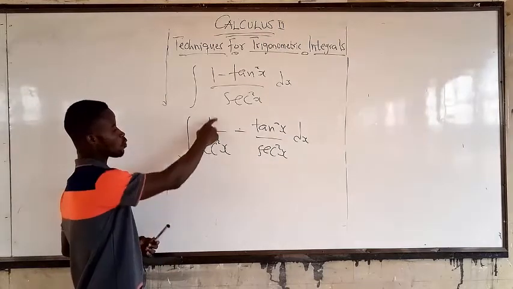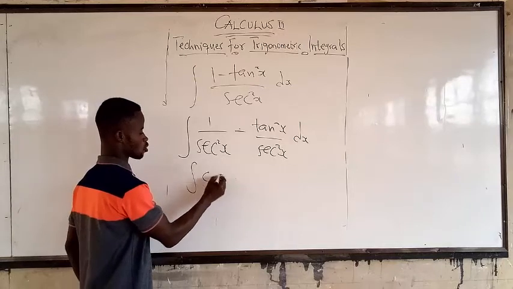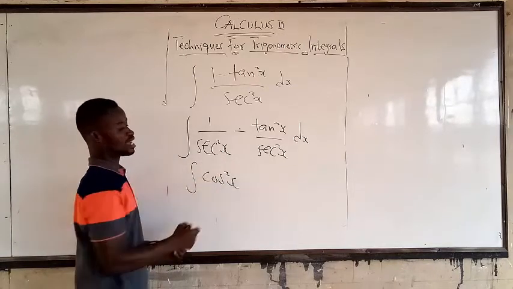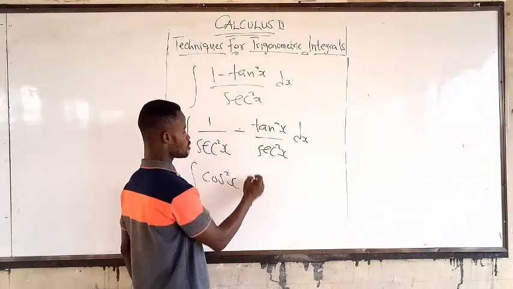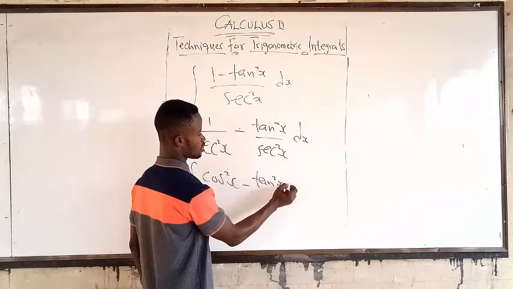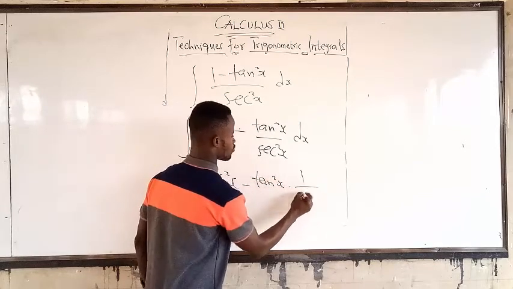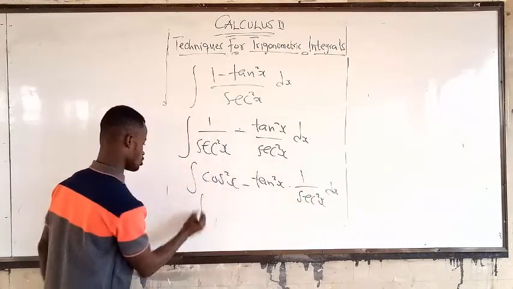Now we know that 1 over sec x is cos x. So here we are going to get cos square x, since here is 1 over sec square, minus. Here we know that we can write this as tan square x times 1 over sec square x dx.